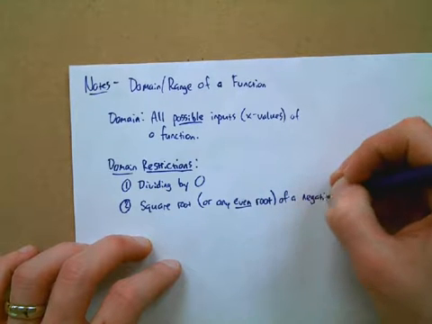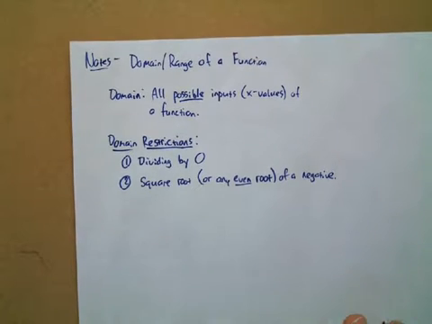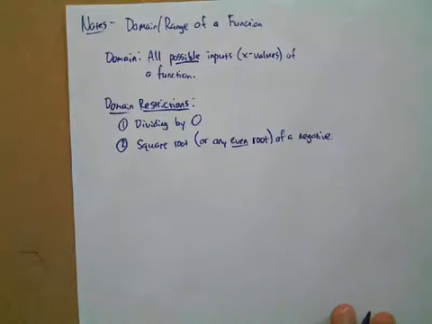Okay. And again, the reason for that is when we take the square root of a negative number, or the fourth root or sixth root or eighth root or 10th root of a negative number, we get an imaginary number, right? And so right now we're just keeping it real. We don't really deal too much with complex numbers or imaginary numbers or anything like that, okay? So we just want to keep it real for the most part in this class here.